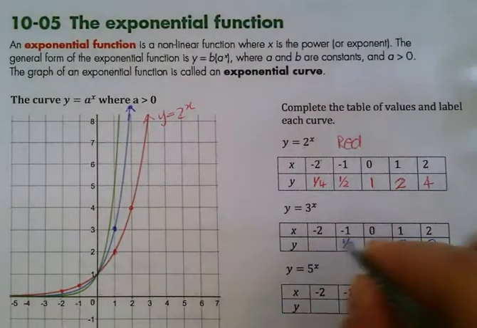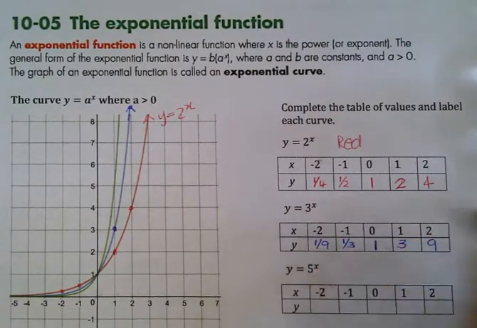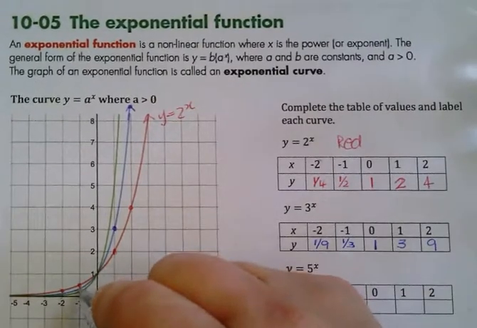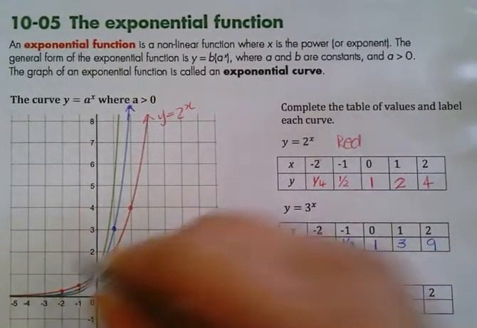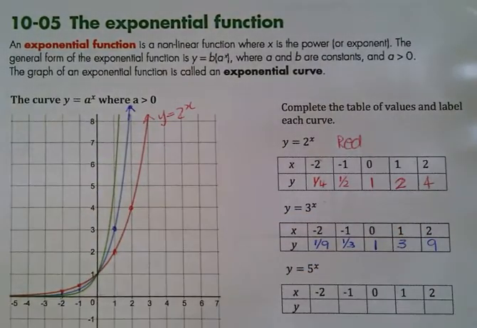And 3 to the power of negative 2. Yeah, 0.1 recurring is actually 1/9. So approximately 0.1, 0.3. So plotting those, negative 1, a third, so it's lower than a half. Negative 2, 1/9. So again, it's that shape, but it's steeper.